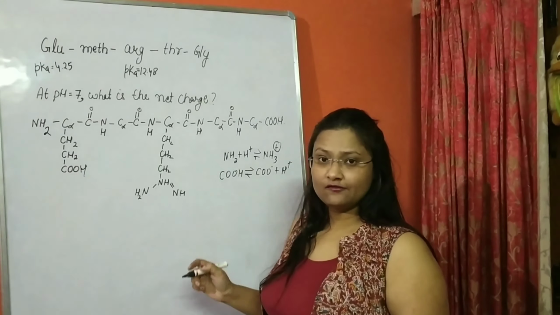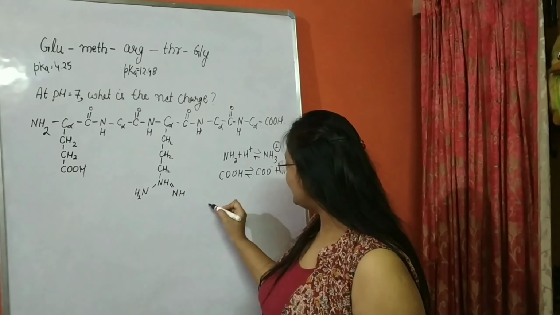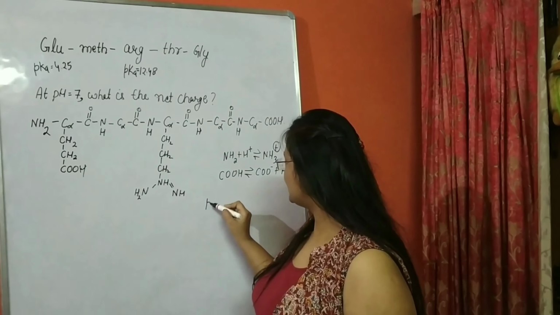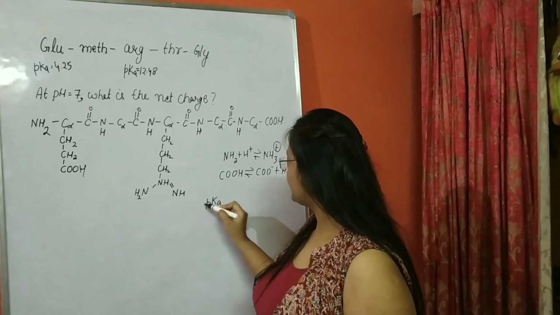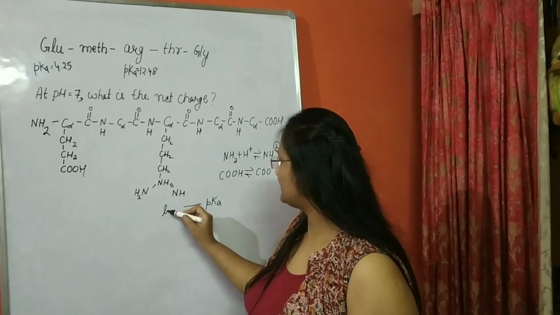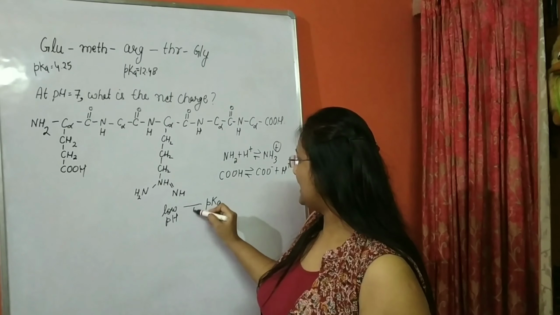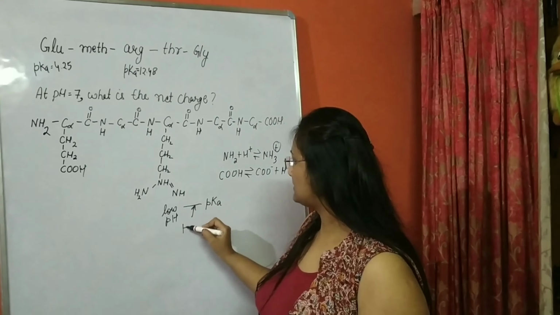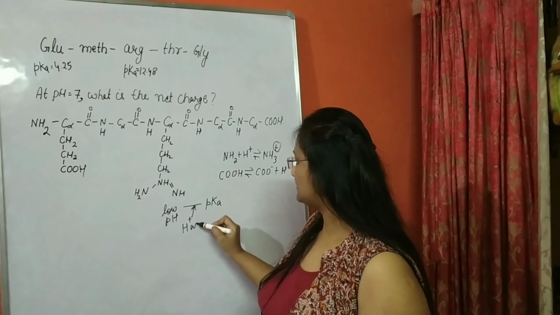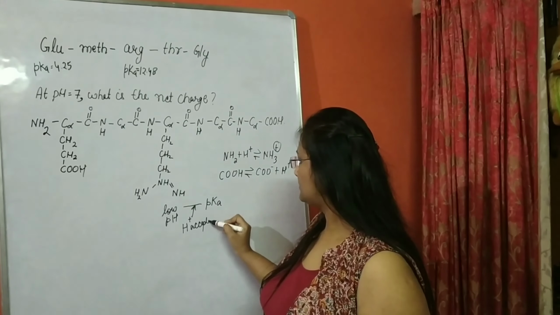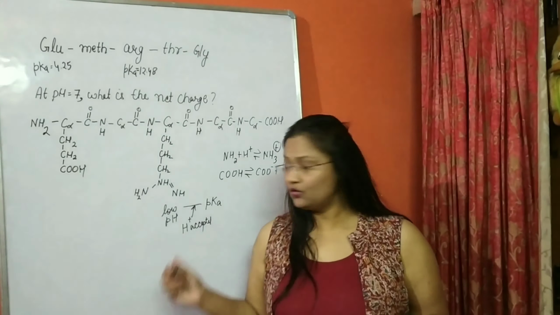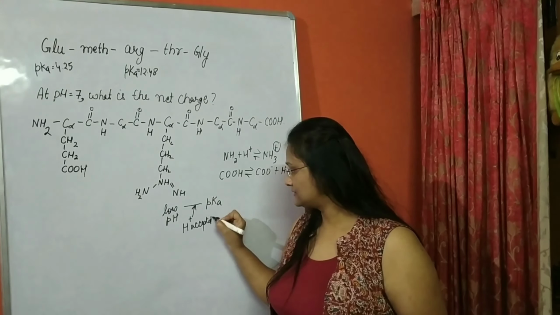Now, for ease, let us write the rule over here. This is pKa, right? And if it is kept at low pH, then H plus remains accepted. See, I'm writing it over here for ease.